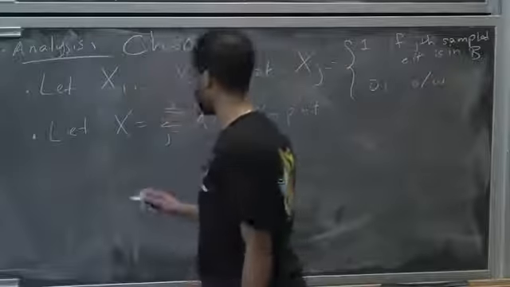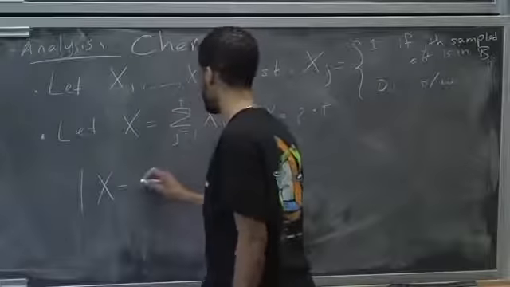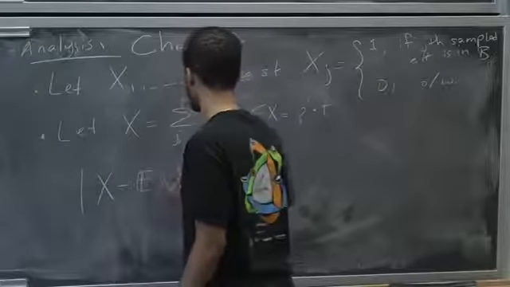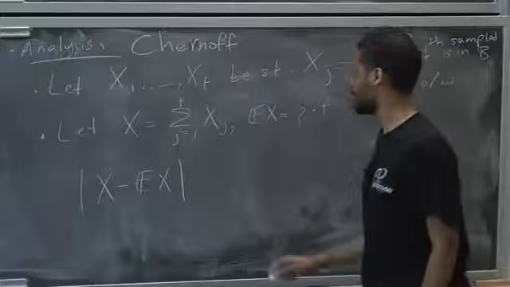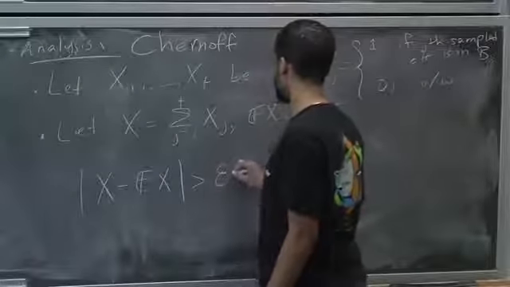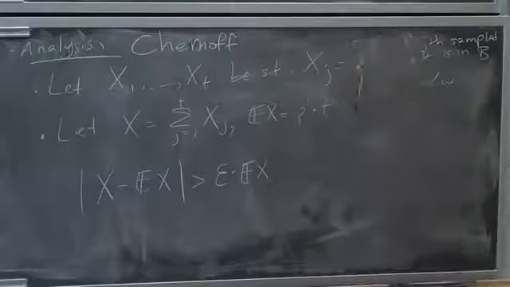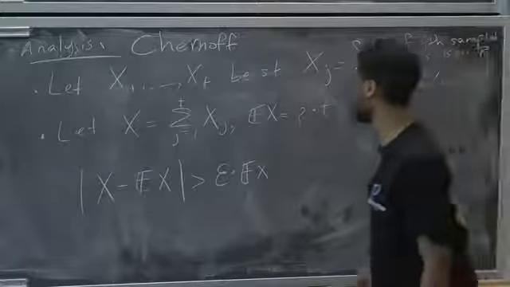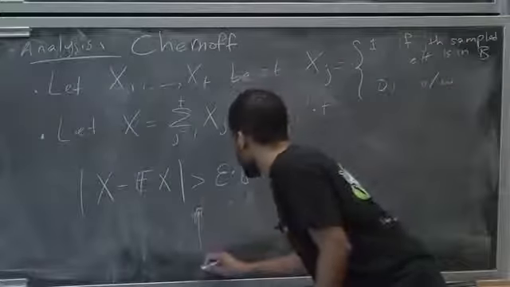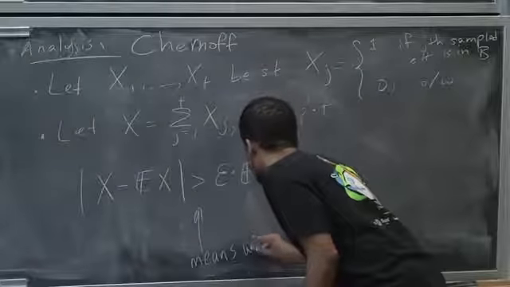This algorithm fails if X minus its expectation is bigger than epsilon times the expectation. Right, so this means we failed to get a good approximation.